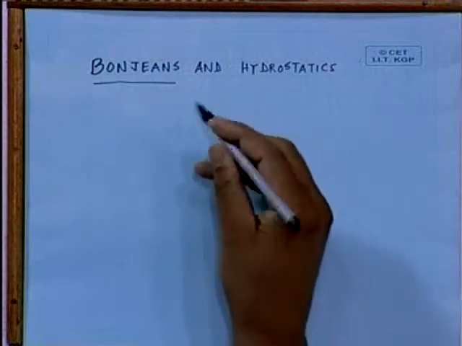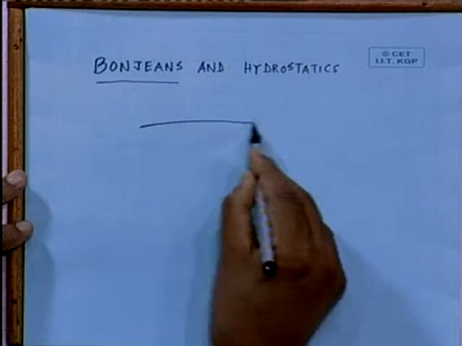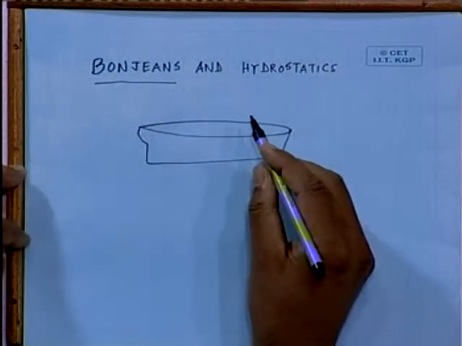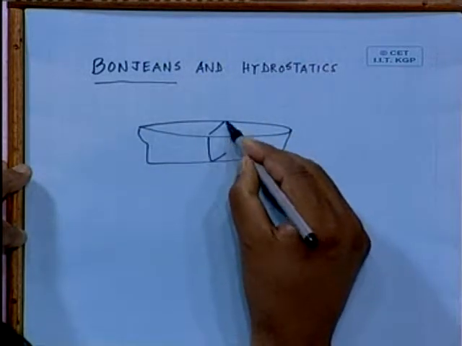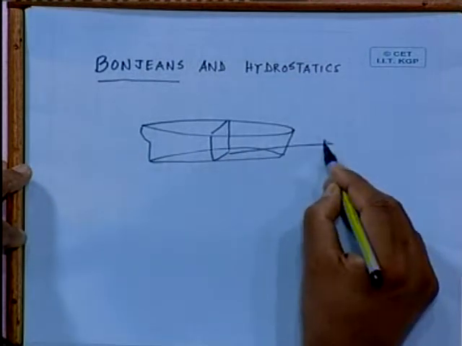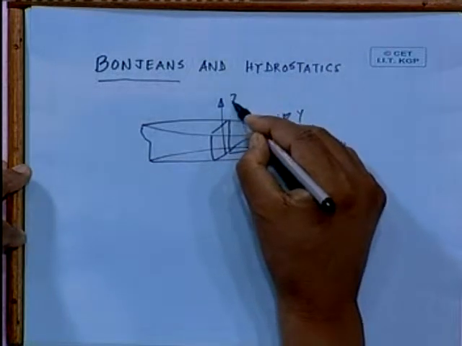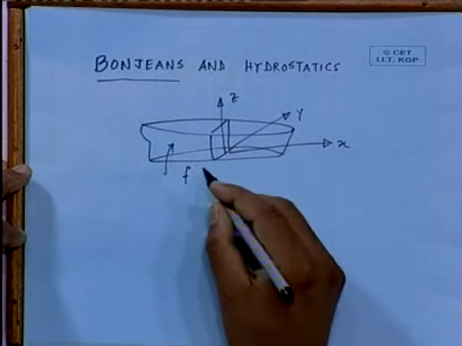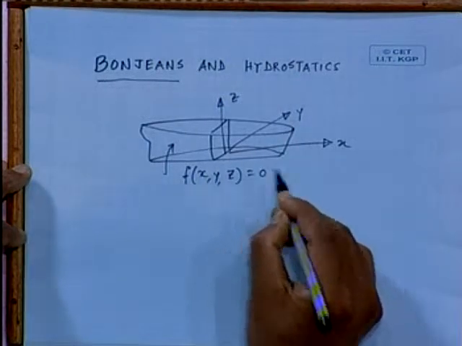Now let us see. Earlier you have been taught how to represent the lines of a ship. Basically, we had an x-axis, y-axis, and z-axis, and the surface, if I call it f of the hull, one can write in this form.